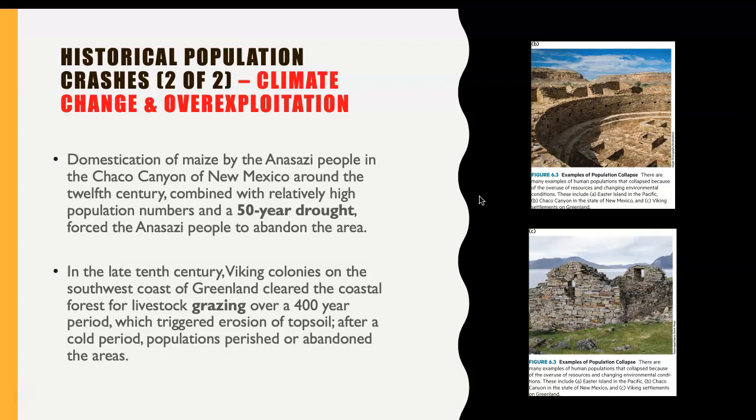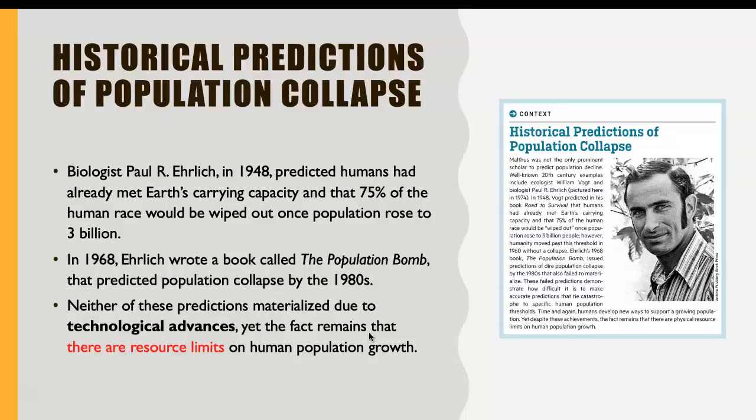And the example in figure 6.3 is an example of overgrazing, and eventually the land was completely diverted to, I wouldn't say desert, but it's not supporting any growth of the crops. So the people have to abandon the land, and there's no population on the land anymore.